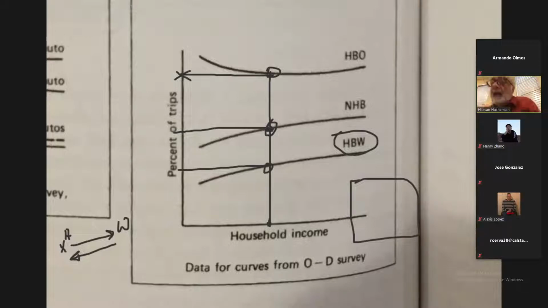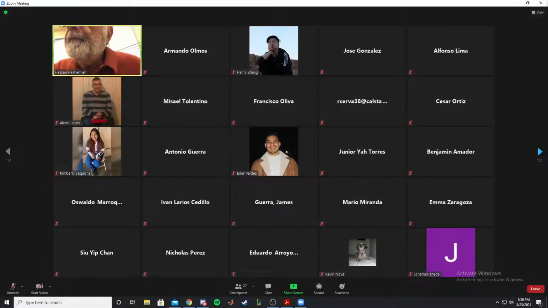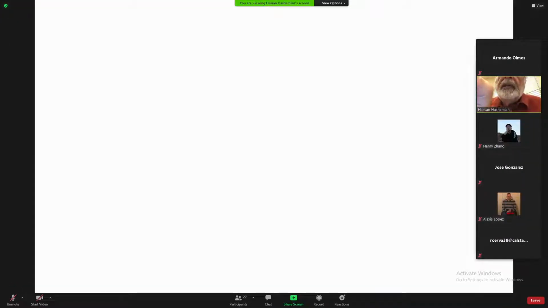Now, there's another model that we use more often, and we call it ITE. That's the second model, the ITE trip generation model.